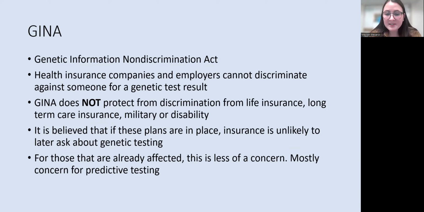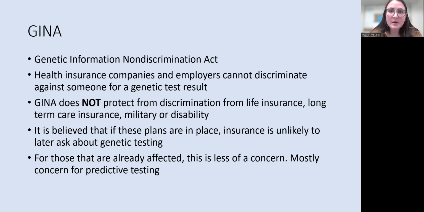So most of the time, if people already have these plans in place, it's unlikely that a company would then go back and say, have you had any recent genetic testing? Also, if someone is already affected by ALS, these companies are much less likely to care about what the genetic test result says because they care more about the symptoms that they're seeing.